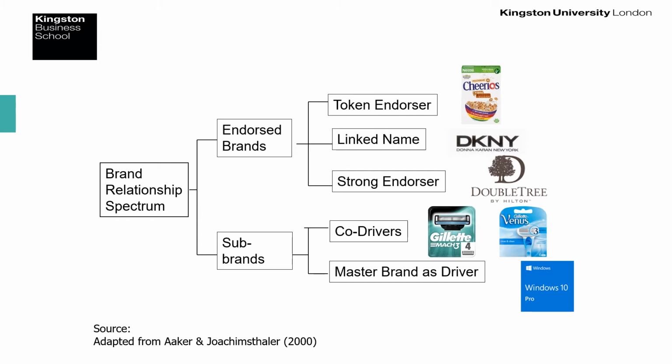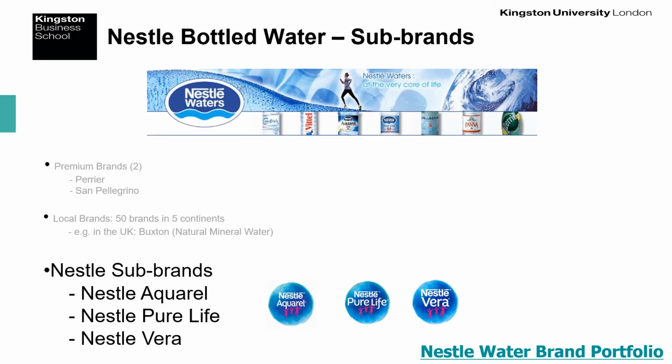With sub-brands, the role that the two brands play is more even, more equal in driving consumer choice, as I said already. And Nestle uses a sub-brand strategy as well, alongside a house of brands strategy.